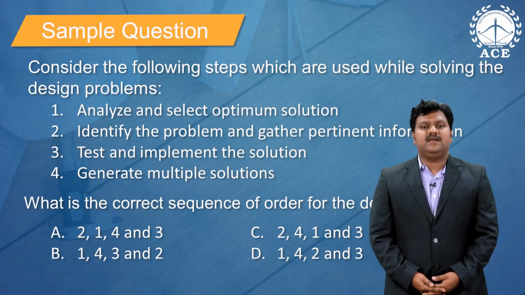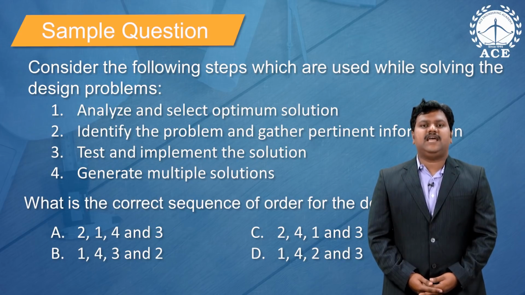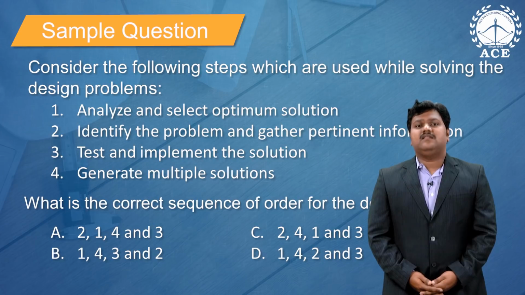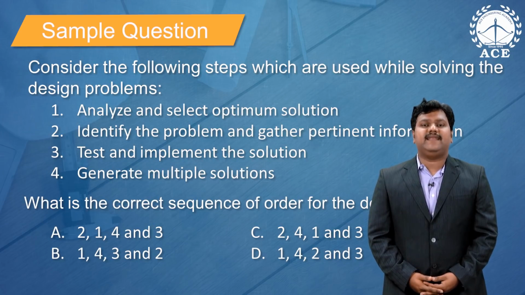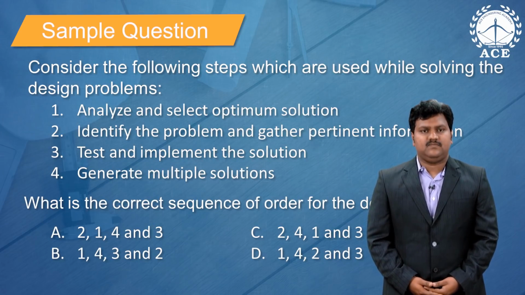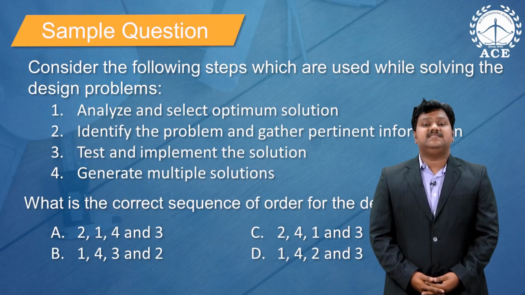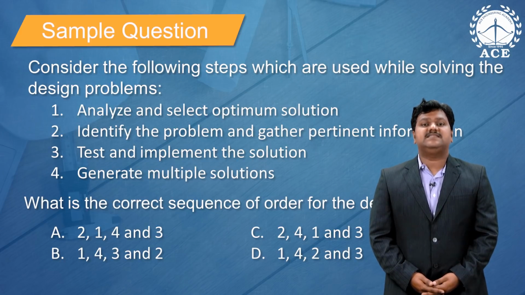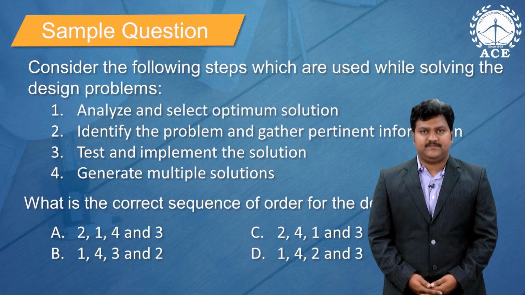The third statement, test and implement the solution. This is generally done as part and parcel of embodiment design, where a physical form for the design or the product is built and then the product is immediately tested. The fourth one is generate multiple solutions. This is the second stage of what we have seen. It means generate various concepts.